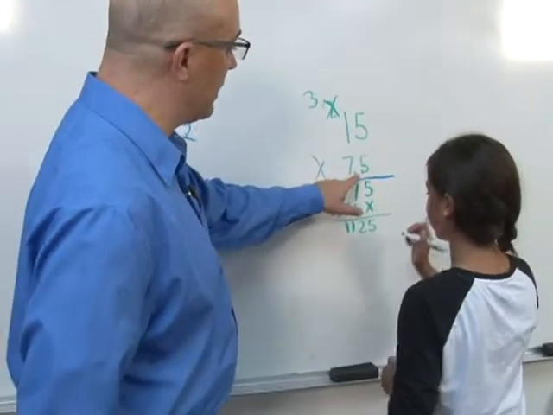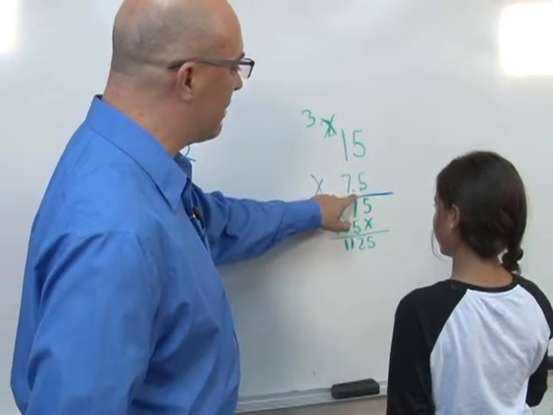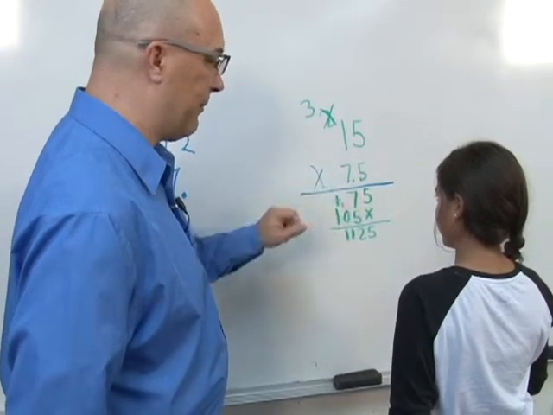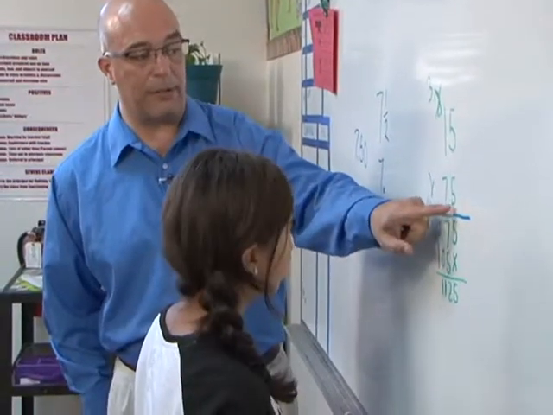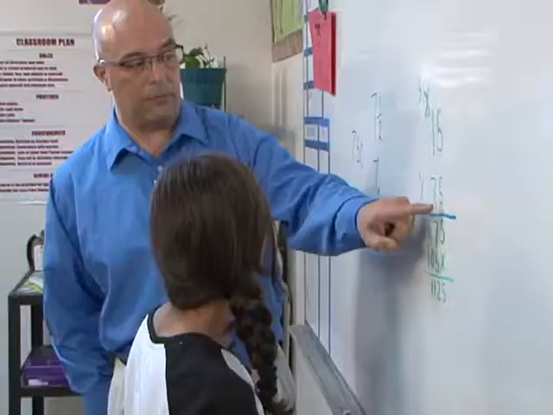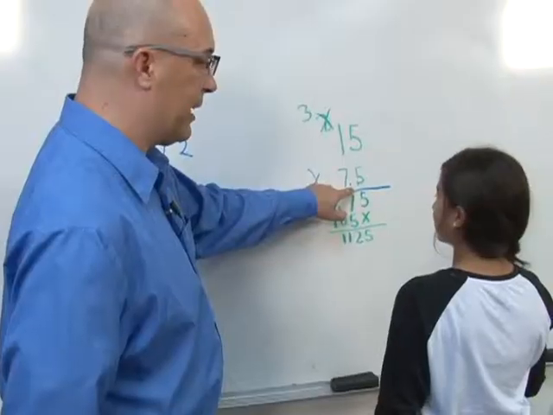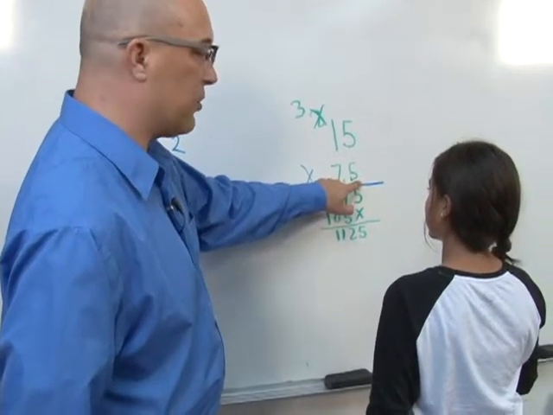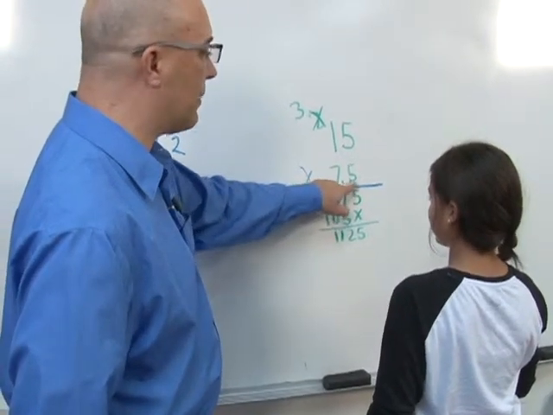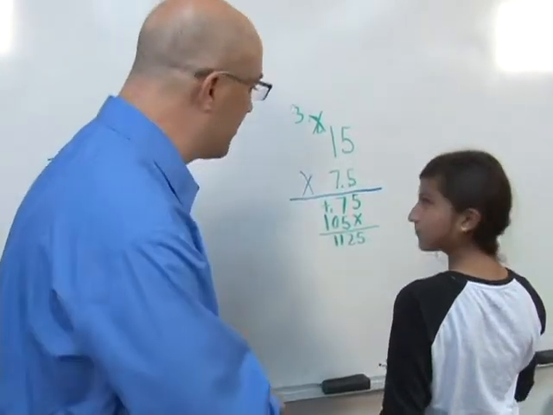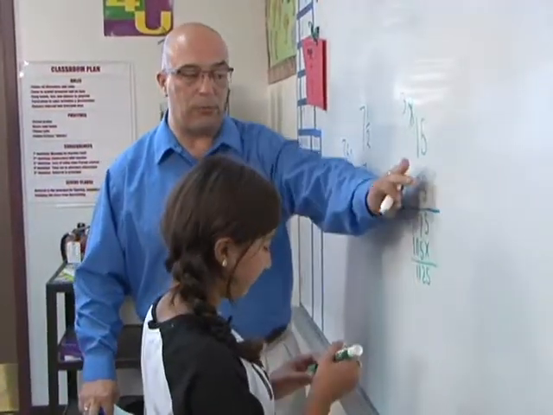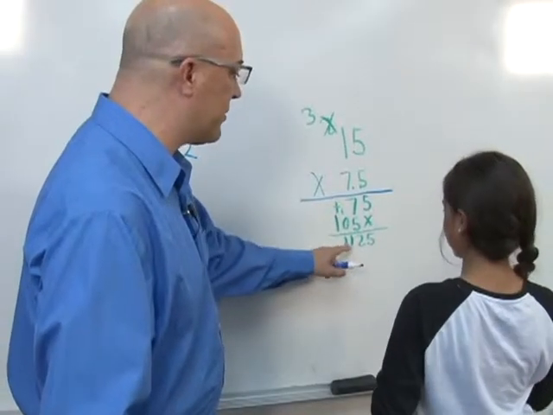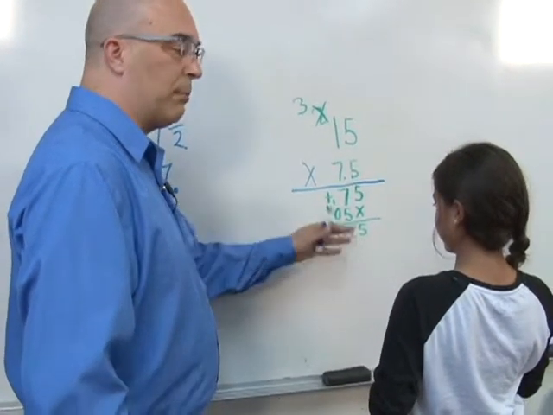But we're multiplying with a decimal here. So what we need to do is look at the number with the decimal. How many places are after the decimal? 2. Well, how many numbers are after the decimal? 3. Well, you got the decimal here. How many numbers are after it? Just the 1, right? So there's only 1 number after the decimal. So in this number, if we didn't worry about the decimals, if we had 1,125, where would the decimal be?